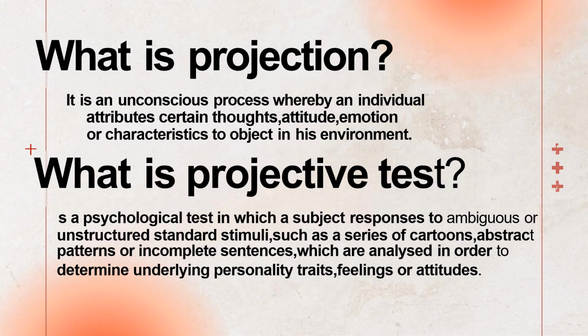How this is done is that a majority of the sample is tested. They are given unstructured standard stimuli, and based on that, certain patterns are recognized, and on the basis of these patterns, the projective tests are determined.